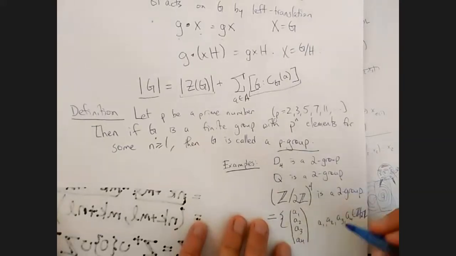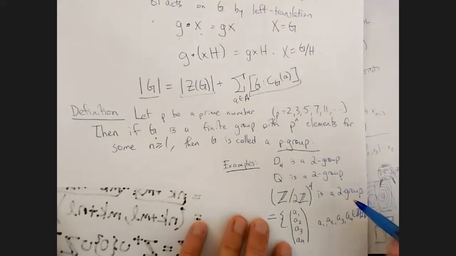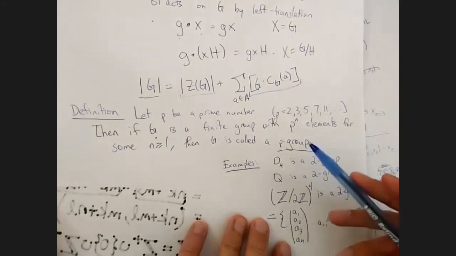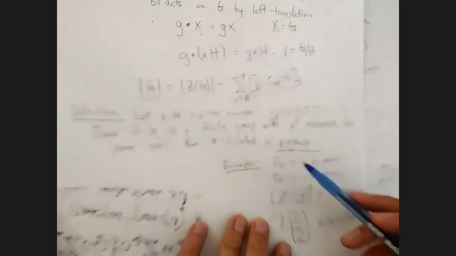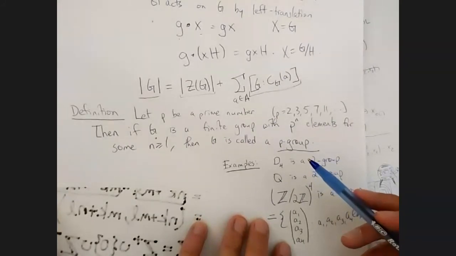So the vectors with entries in Z mod 2Z. This is a group with 16 elements. In fact, this is abelian. So some P groups might be abelian and some P groups might be non-abelian, and there's a great variety of them.